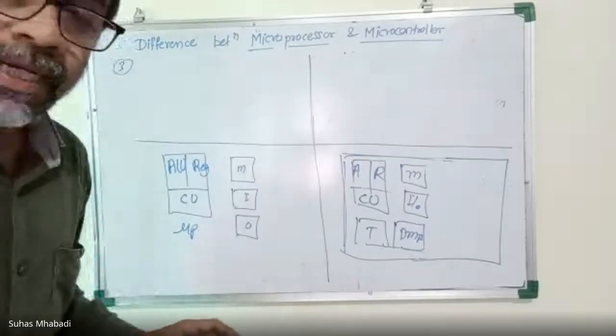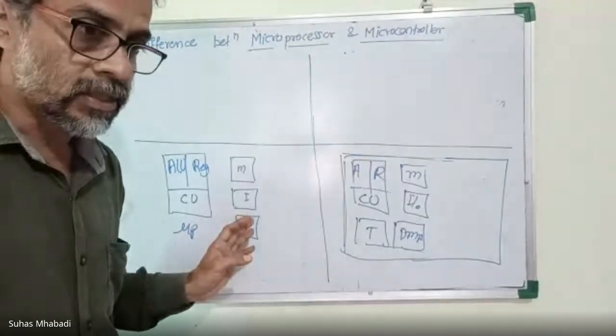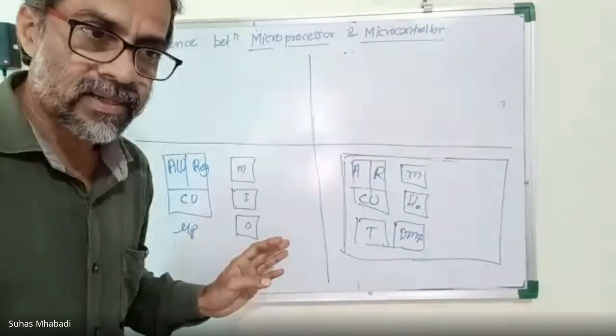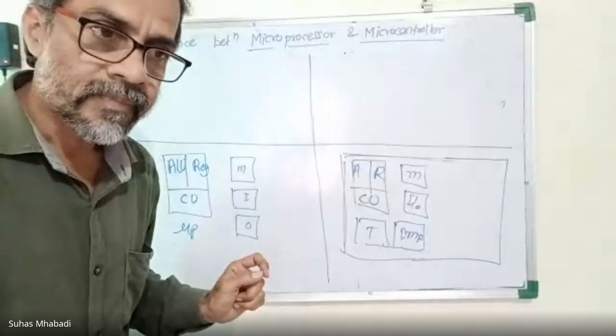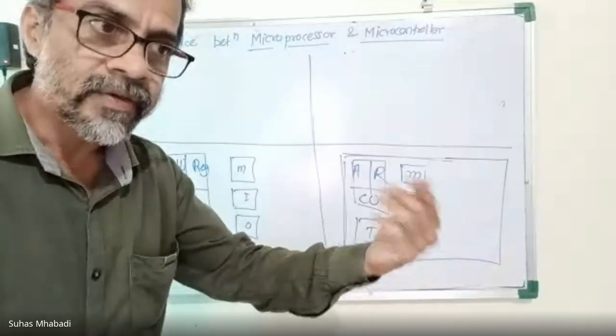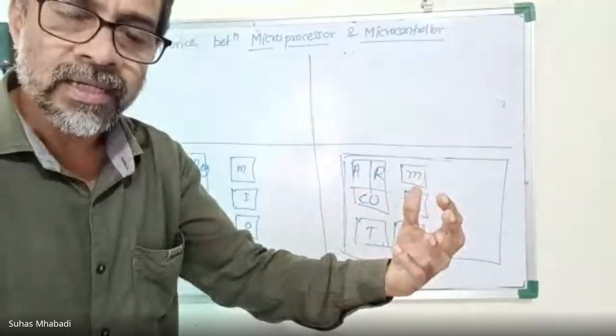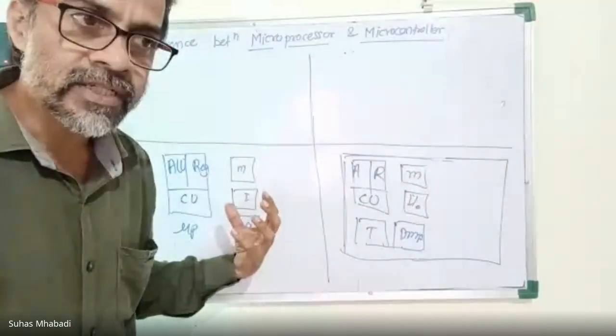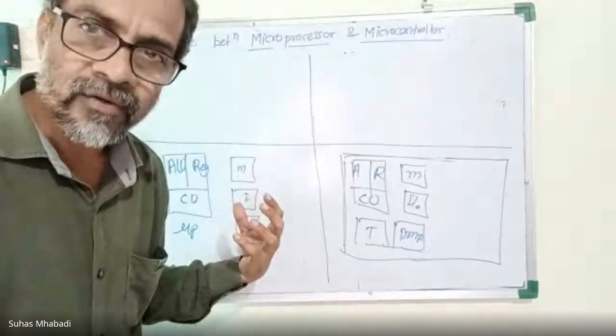Now, when I'm going to build a system using a microprocessor, obviously I require an ADC, because in the real-time world we normally use analog signals, and this system requires a discrete signal, 1 or 0.